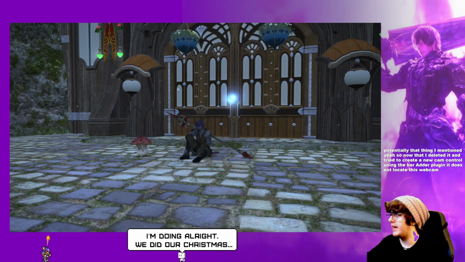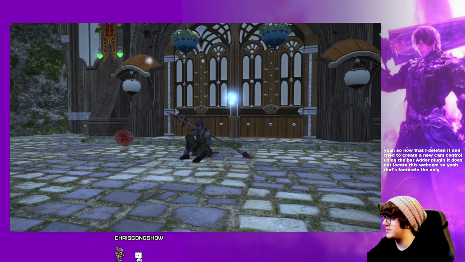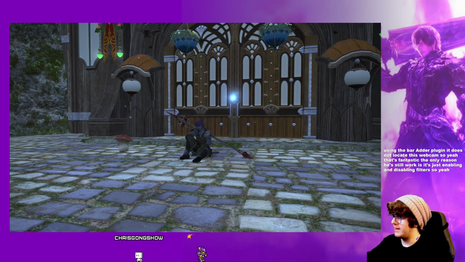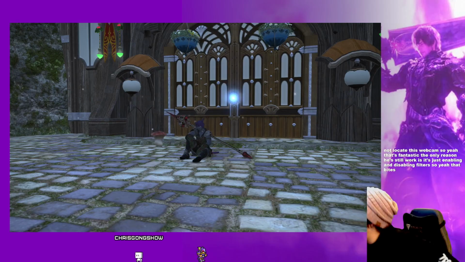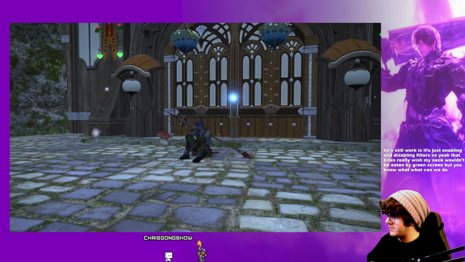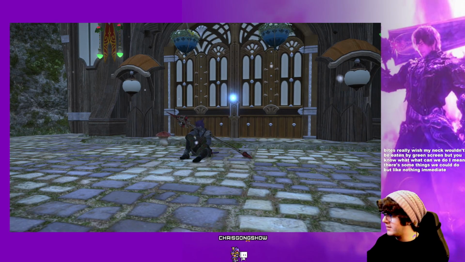That's fantastic. The only reason these still work is it's just enabling and disabling filters. Really wish my neck wouldn't be eaten by green screen, but what can we do? There's some things we could do, but nothing immediate.